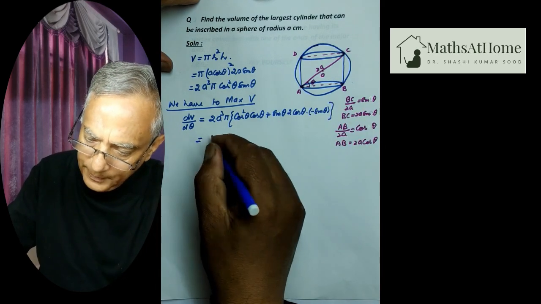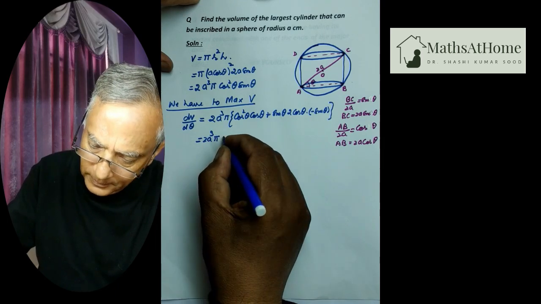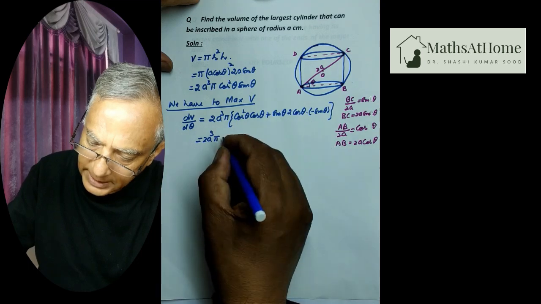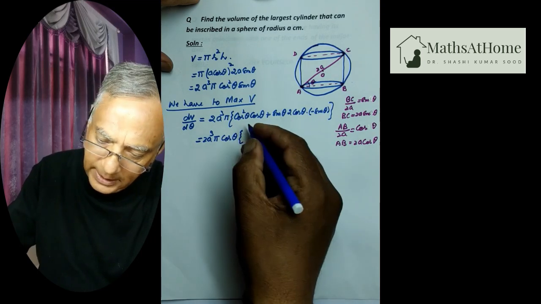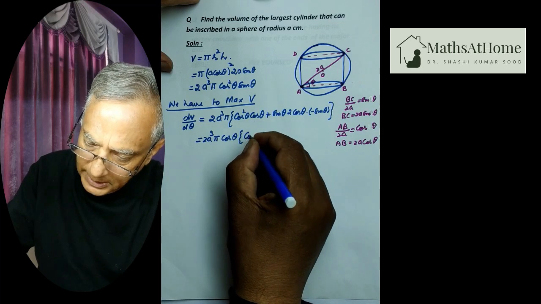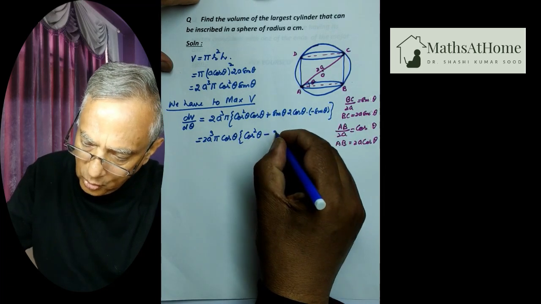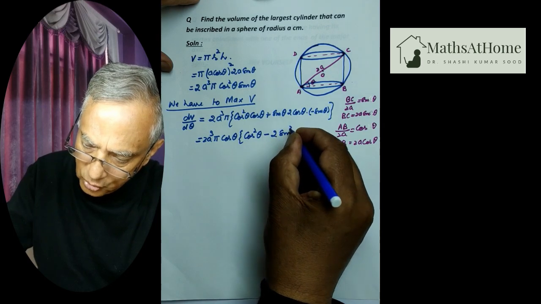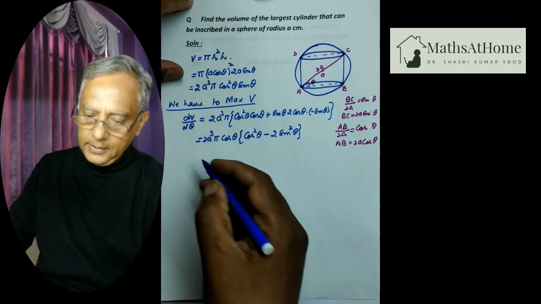This is equal to 2a cube pi into cos theta is common, and we are left with cos square theta minus 2 sine square theta.